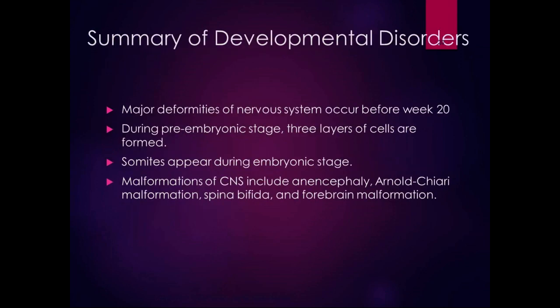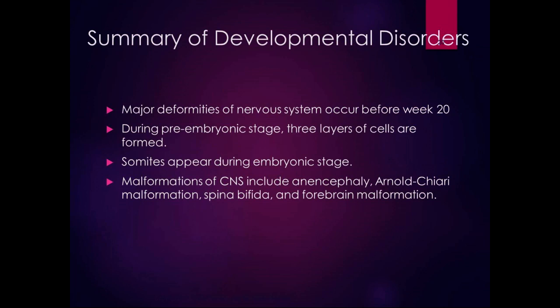So just to sum up the developmental disorders area, major deformities of the nervous system occur before week 20. If it's a major deformity that has such a profound effect that it causes a spontaneous miscarriage, a lot of times that happens before week 20.